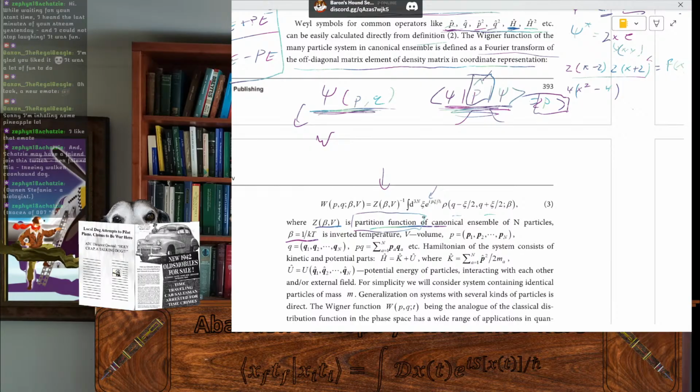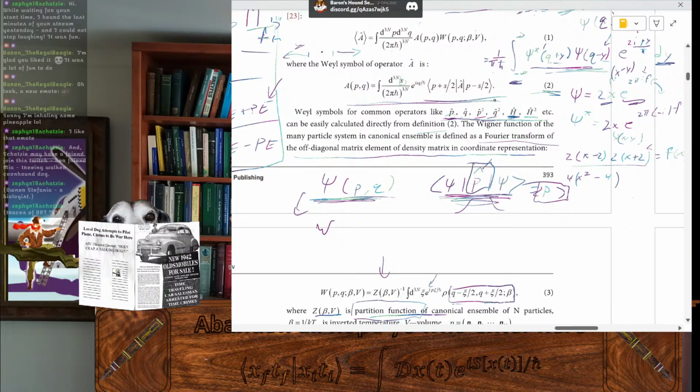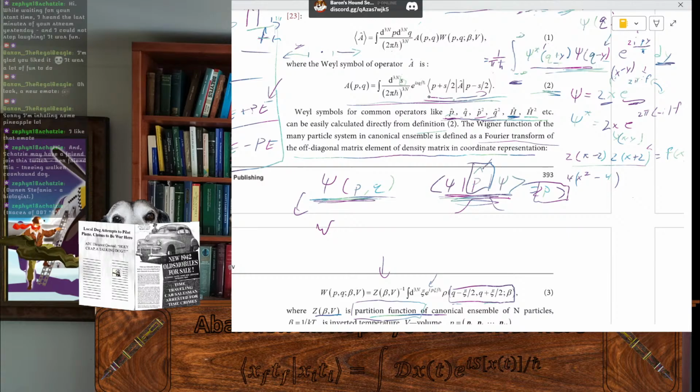Oh, I'm sorry. For some reason I thought it was also integrating over rho. Okay. So we're integrating over this dummy variable eta, which of course looks a whole lot like what we were talking about up here, where we're taking the distance minus and plus some central point, and we're taking all the possible distances minus and plus at the central point.